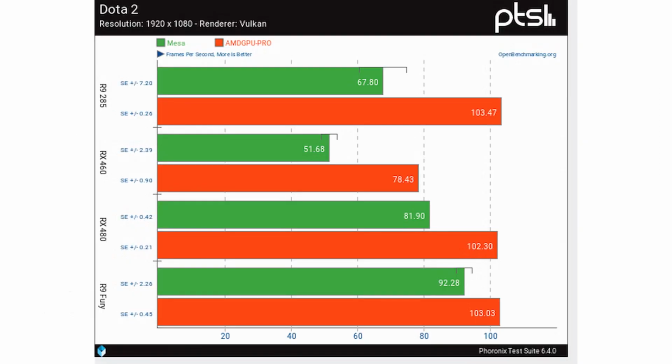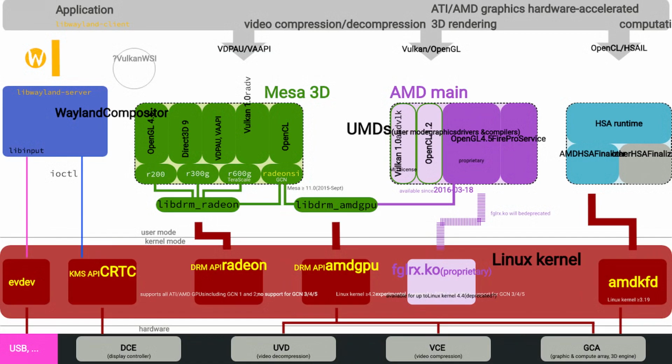Several other developers also started to contribute to the RADV driver, and it quickly became fast enough to run Linux games. By the time AMD released their own AMDVLK driver for Linux, game developers had already started targeting RADV instead. As of this video, AMD has the following graphics driver components.